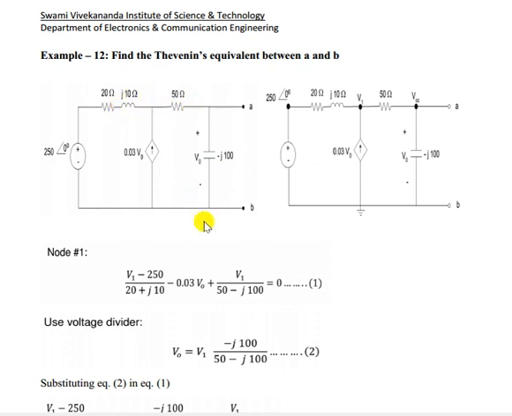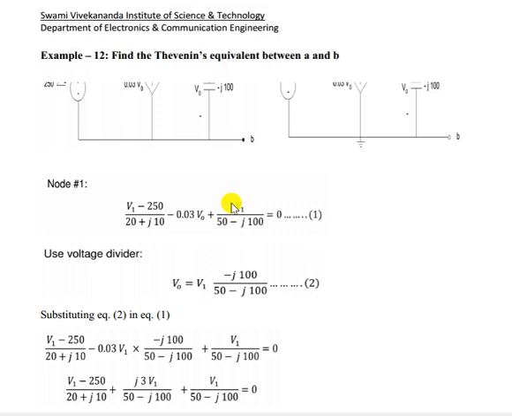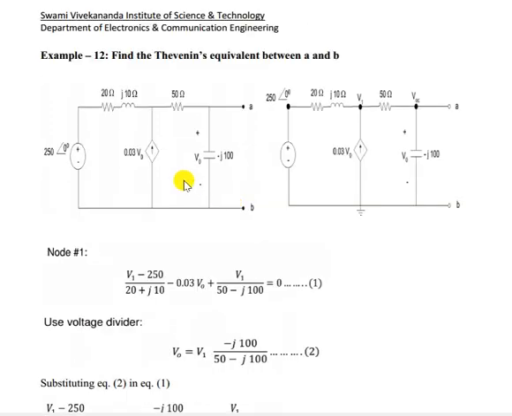This we can consider as a series circuit because no current is flowing here. Now using the voltage divider rule, V0 is nothing but V1 into minus j100 divided by (50 minus j100). This is V1, between here and ground. So V0 is a voltage division of V1.